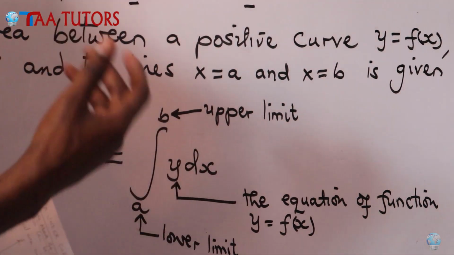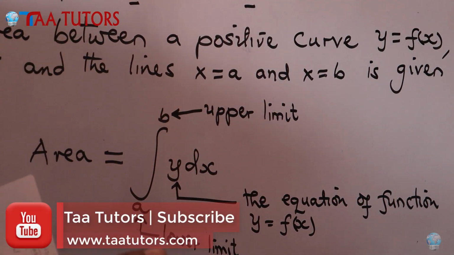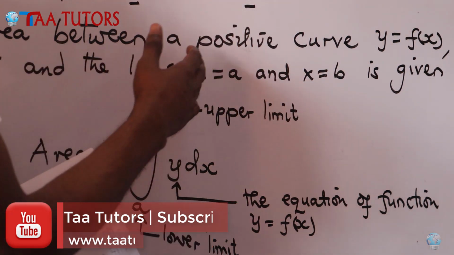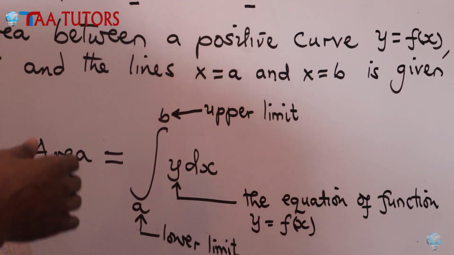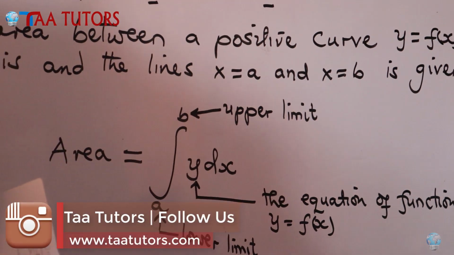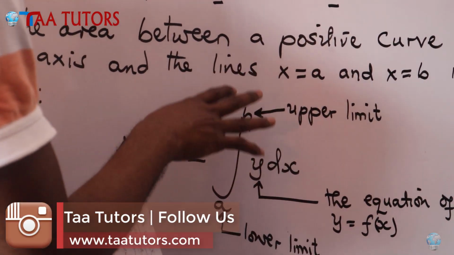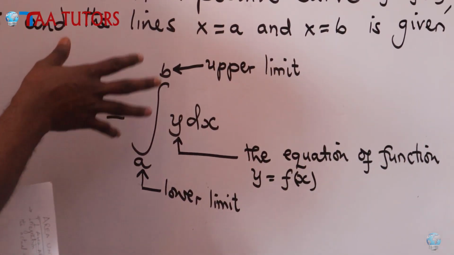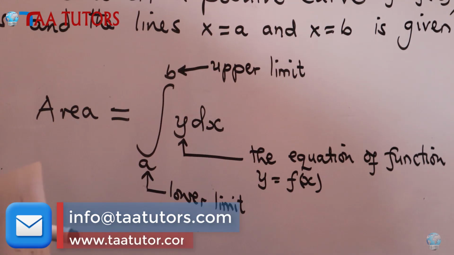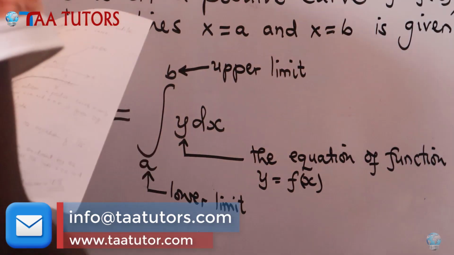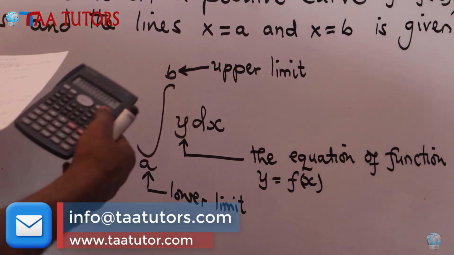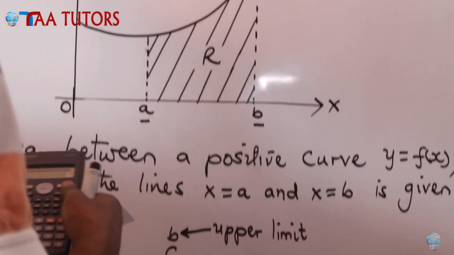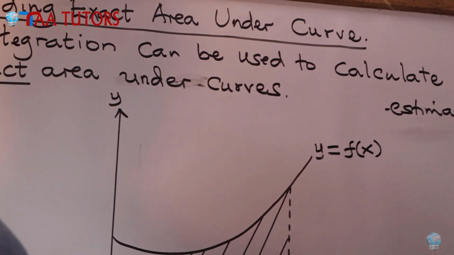If you know a function like y equals x squared, and you know the upper limit and the lower limit, and the x-axis is known, very easily just use the definite integral method that we learned last time, and you will be able to have your area. So I want us to give an example so that we can see how to get the area under curves.